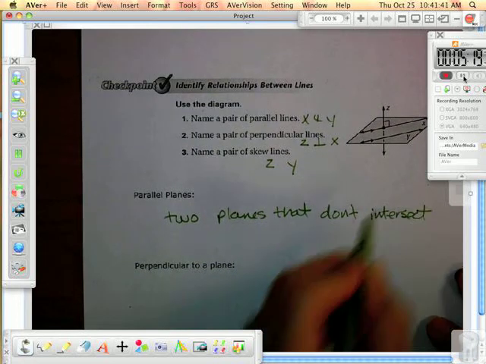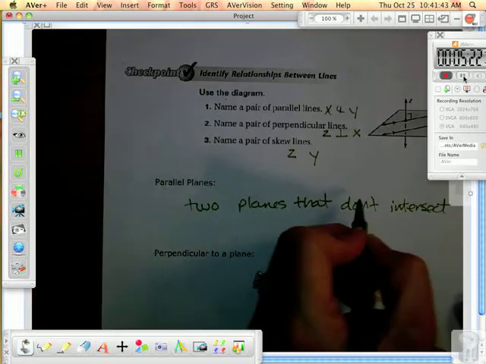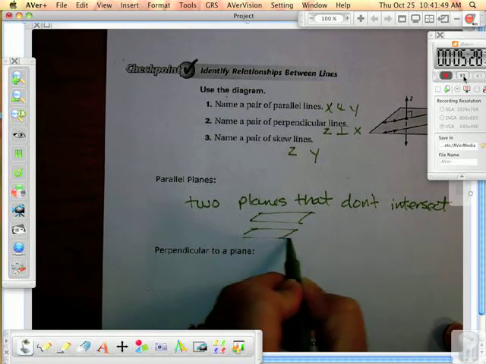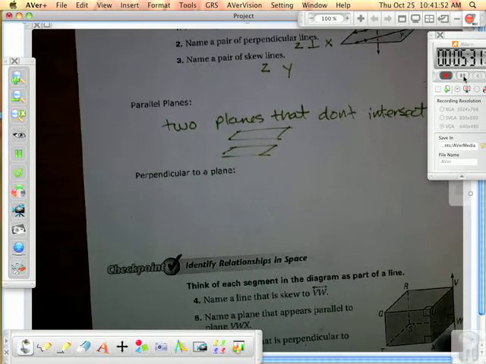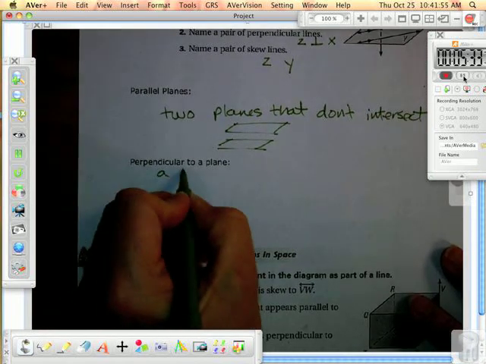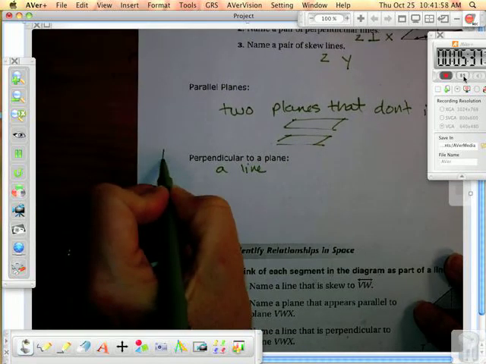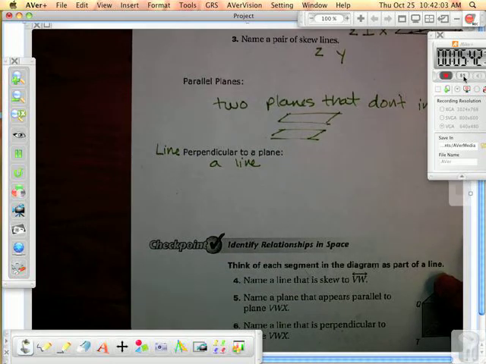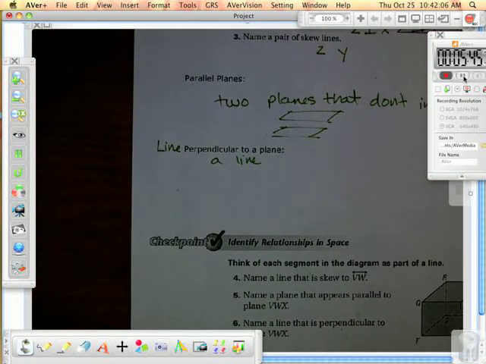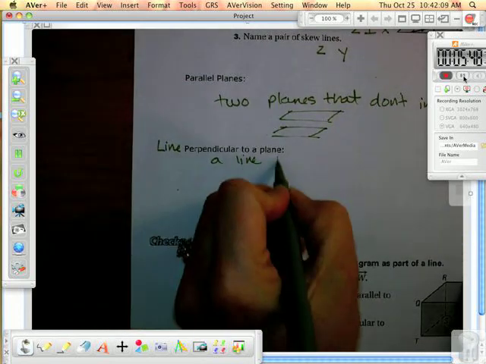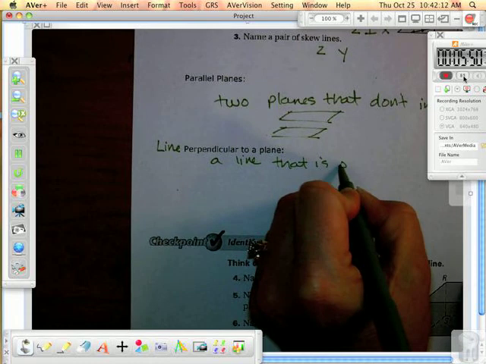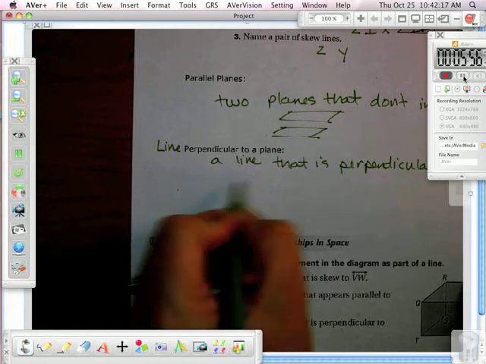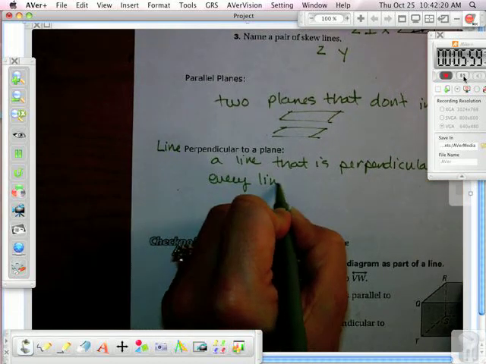Okay, parallel planes, two planes that don't intersect. I could draw it if you want to, but I think you can visualize it. All right, perpendicular to a plane. A line, actually let's put this word line in here. A line perpendicular to a plane. It's pretty obvious if you think about it. A line perpendicular to a plane. So it's a line that is perpendicular to every line in the plane.